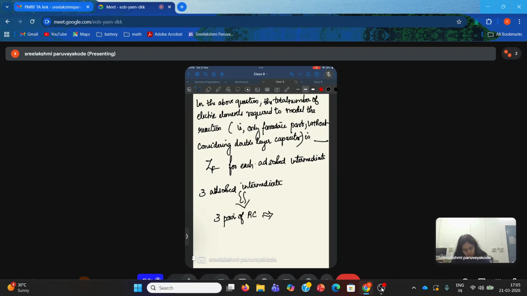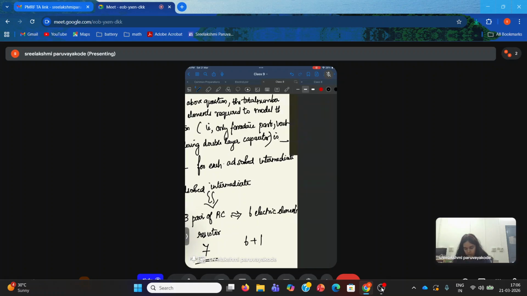So this means 6 electric elements. Now I told you there is N plus 1 resistor. So the total will be 6 plus 1, 7. So that is the answer for this question.